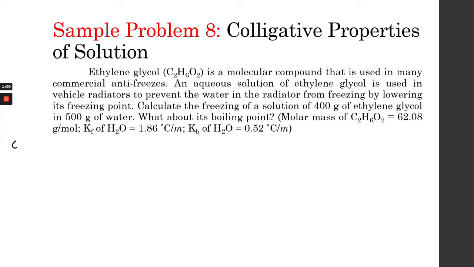So what is our given? The first thing that they gave us is, we're looking to calculate the freezing point of a solution of 400 grams of ethylene glycol, C2H6O2, and they gave us 500 grams of H2O.